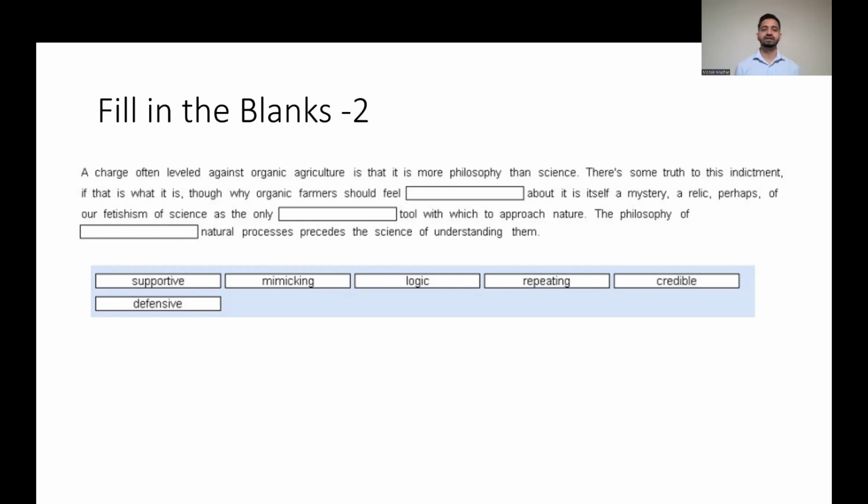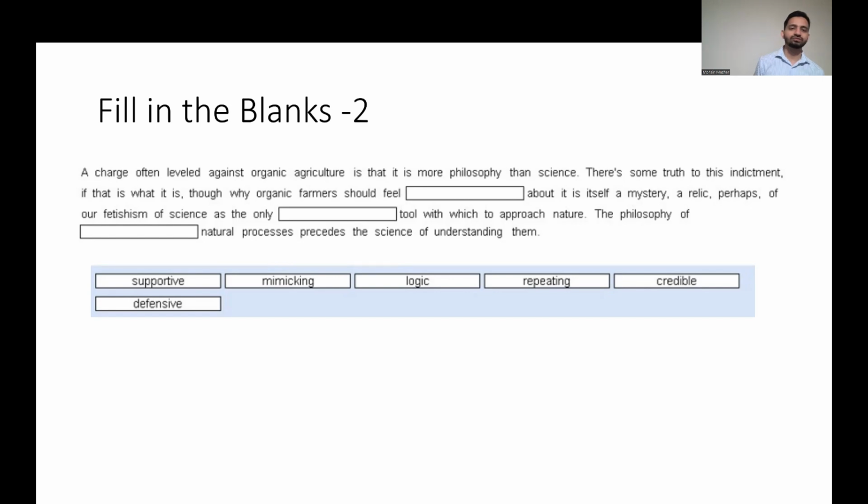There's some truth to this indictment, if that is what it is, though why organic farmers should feel something about it itself is a mystery, a relic perhaps of our fetishism of science as the only tool with which to approach nature. The philosophy of natural processes precedes the science of understanding them.